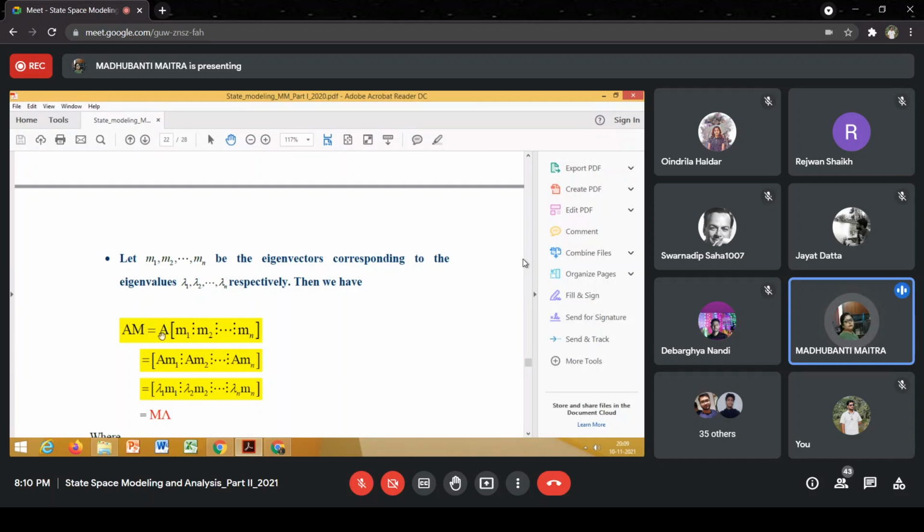So AM is equal to A into M1, M2, Mn. So that can be expressed as A into M1, A into M2, A into Mn.